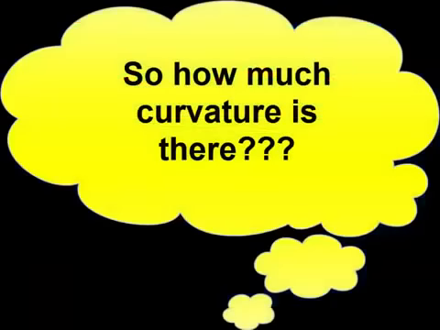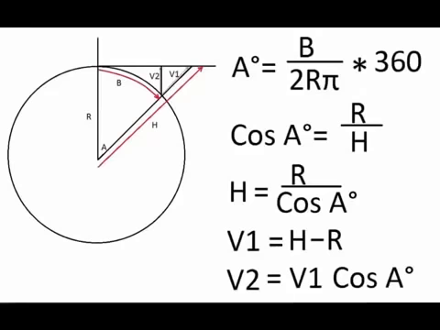Time is up. So how much curvature is there? And how can we calculate the curvature? Alright, let's look at how we can calculate the curvature and how we can practically achieve this experiment. If you look at the diagram, R is the radius of Earth, B will be the length of pipe along the curvature of the Earth, A is the angle from the start point where the line from the center of the Earth intersects with the end of the pipe, V1 is the distance from the horizontal line from the start of the pipe to the earth at 90 degrees.